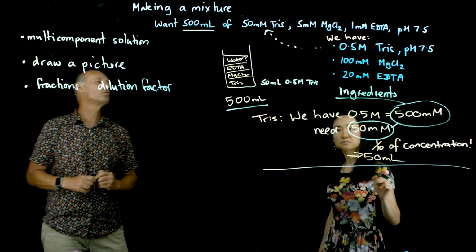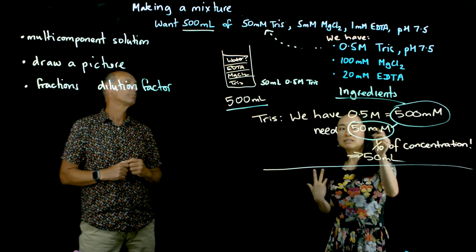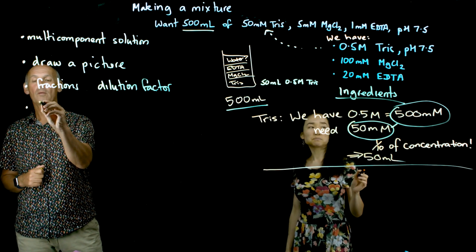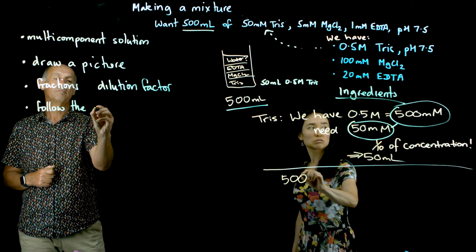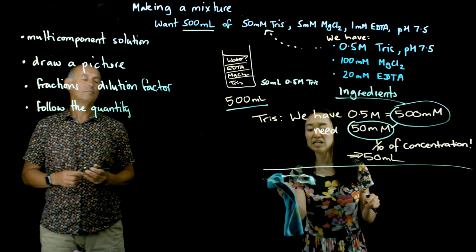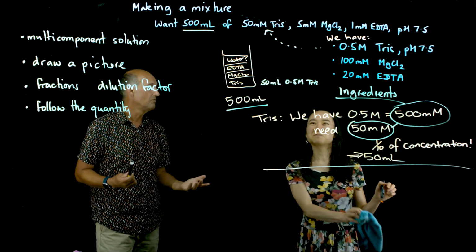So what's another approach here? Going back to what we had before, we have 500 millimolar, and we need 50 millimolar. This is our stock solution. I want to figure out how much I need. So we're asking the question, what quantity do we need?